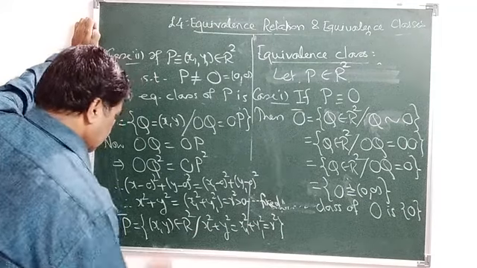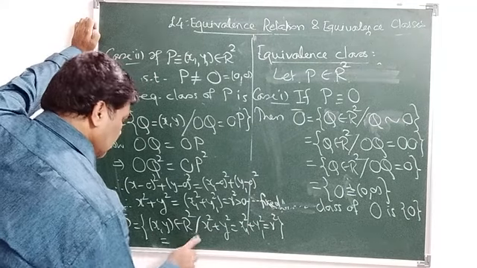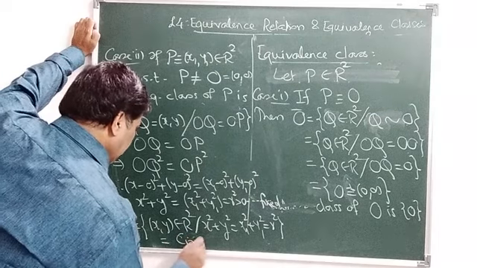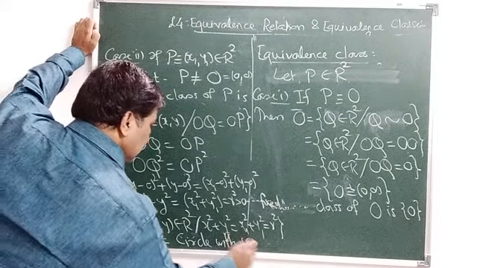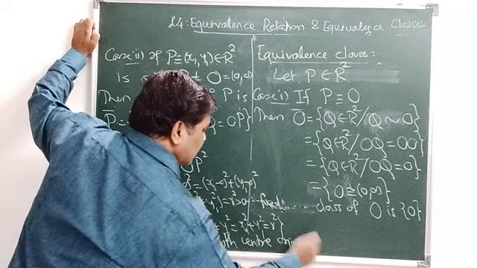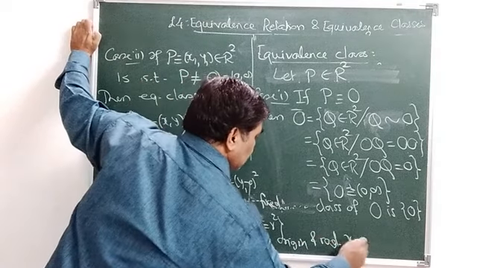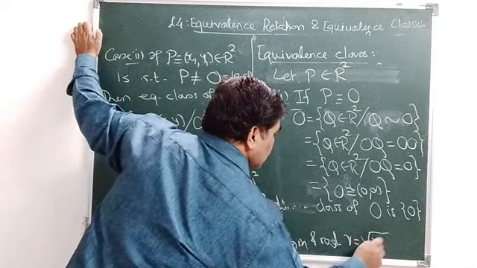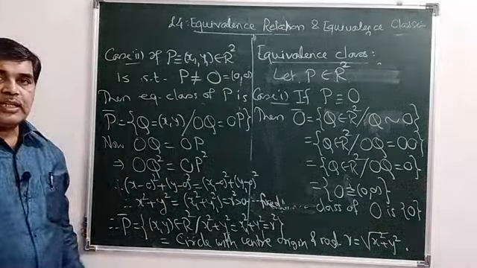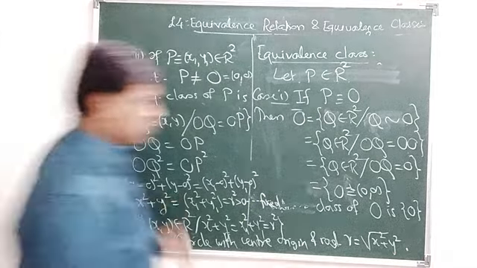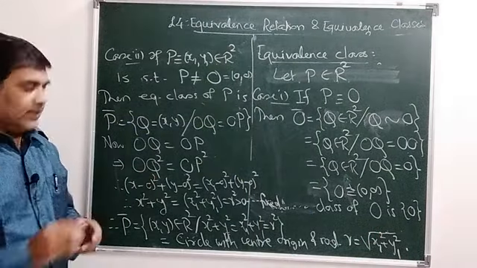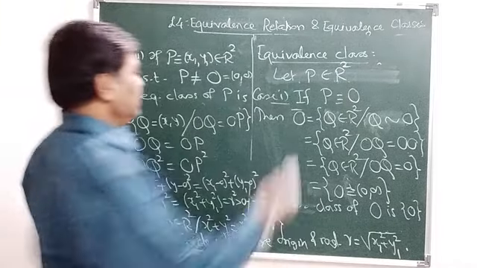This is nothing but the standard circle, or circle with center origin and radius r equal to under root of x1 square plus y1 square. This is the equivalence class of P.